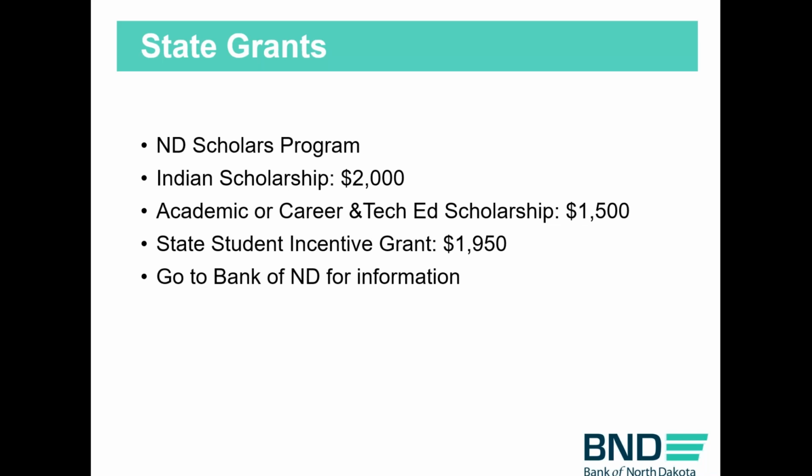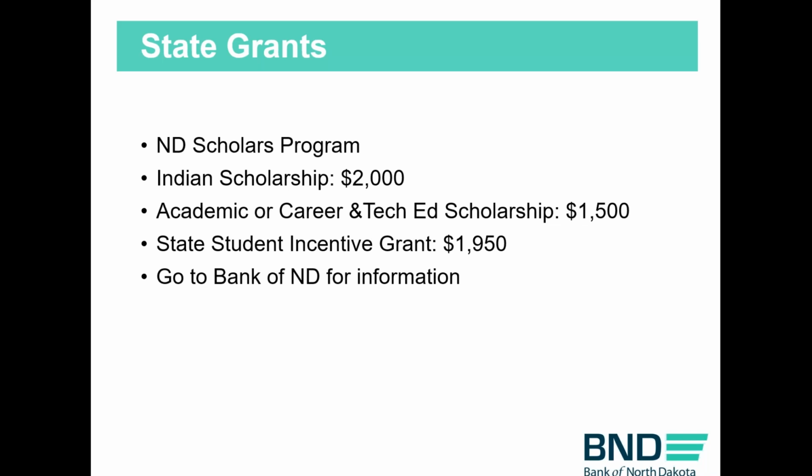The next is the North Dakota State Student Incentive Grant, and this is the one that I mentioned earlier, how a lot of our aid is first come, first serve in North Dakota. This one is determined and awarded by the date that you filed the FAFSA, basically. So students file the FAFSA early. The earlier the better, because this is the grant that is first come, first serve.